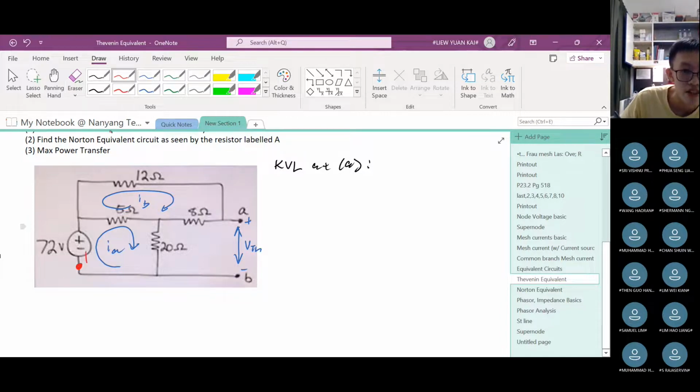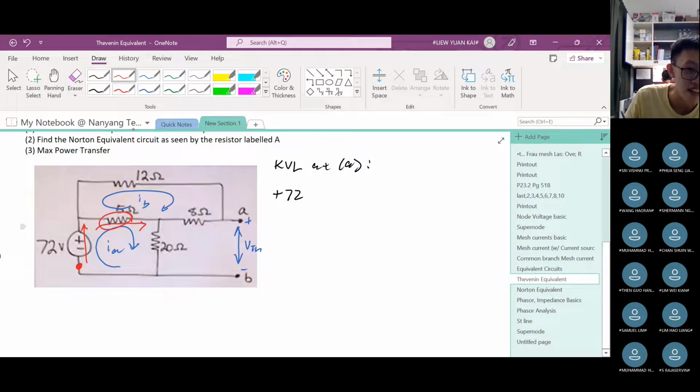Let's start. We walk through here. This is a potential gain, I'm going from the negative to the positive, lower value to higher value. So potential gain means positive 72.